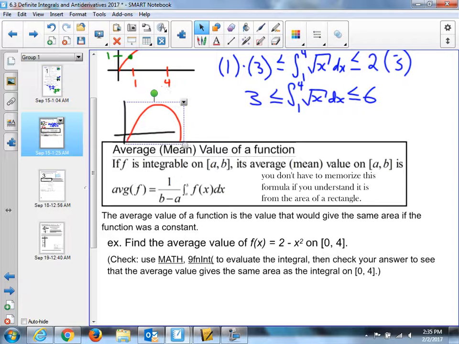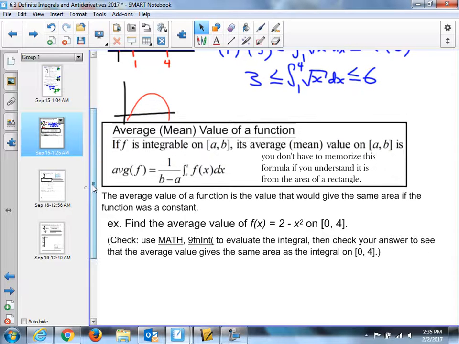It doesn't matter how you draw it. I'm just trying to emphasize that it doesn't have to start at 0. From a to b. So this is my a, this is my b.